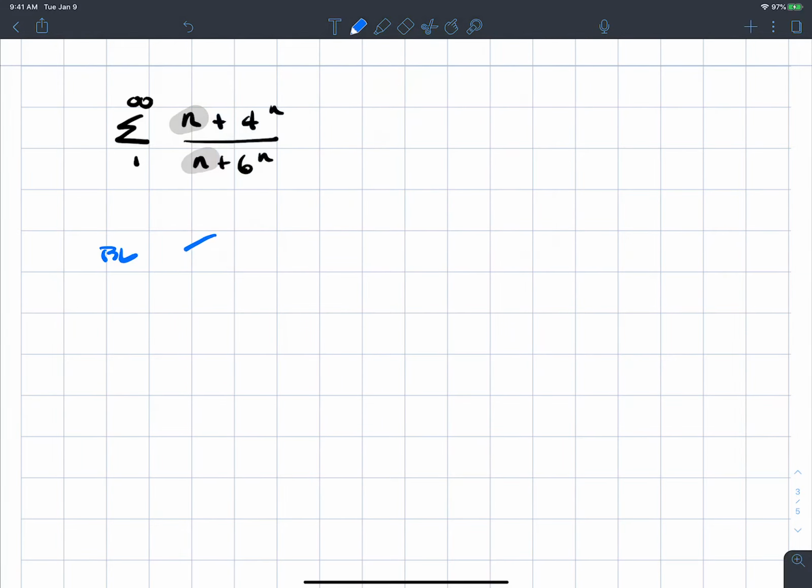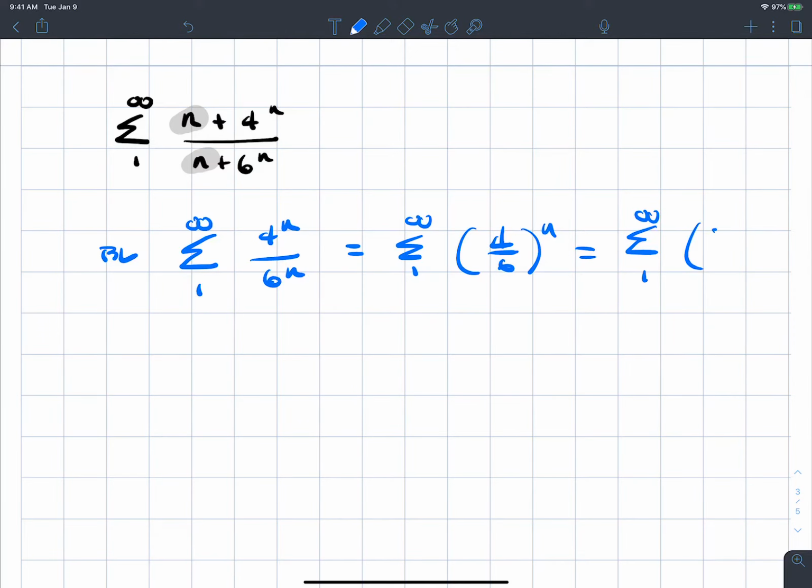And so the series that you compare it to will now be 4 to the n over 6 to the n, and that's what you're going to look at. And so you say to me, okay, what kind of series is this? Using a little bit of algebra, this is 4 over 6 to the n, which really becomes 2/3 to the nth power.